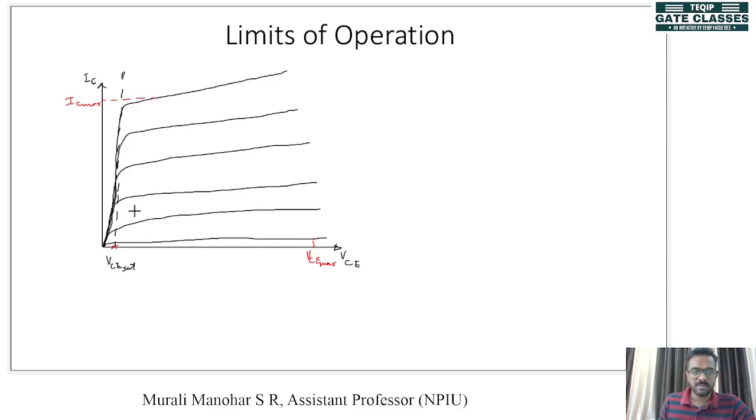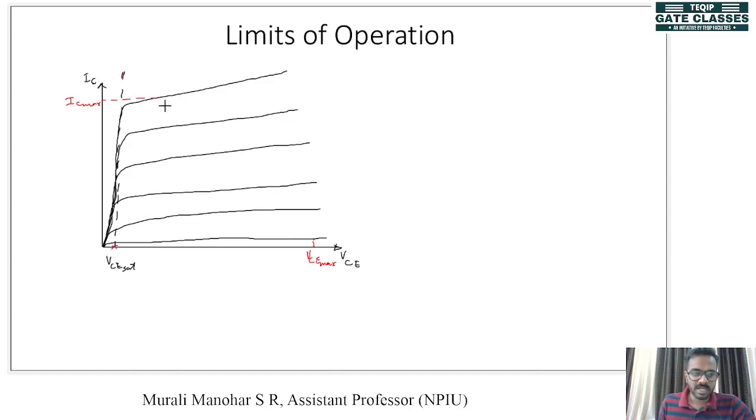The reason is that below VCE sat the current voltage relation is not linear, and after VCE sat, that is in the active region, the current voltage relationship is linear. Only if the current voltage relationship is linear will we get a distortionless signal at the output of an amplifier.